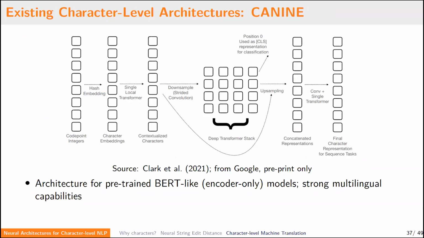The other architecture that we use is called CANINE. I forgot what the acronym was, but it's an architectural design for pre-training an encoder-only model, something like BERT, and it was published in a preprint from Google, which was not accepted yet anywhere.